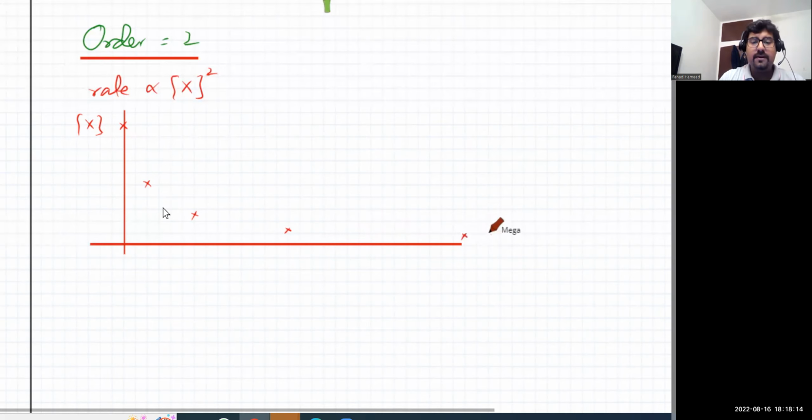Anyway, so the graph would kind of look like this, which is kind of similar to how the graph looked for the previous one. I'd say it's kind of like this.